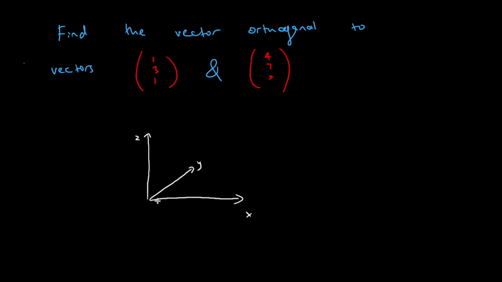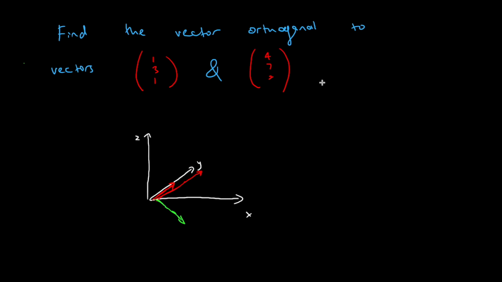I have 1, 3, 1 somewhere here, and then I have 4, 7, 2 somewhere here. And I want to find this vector right here, which is perpendicular to both 1, 3, 1 and 4, 7, 2.